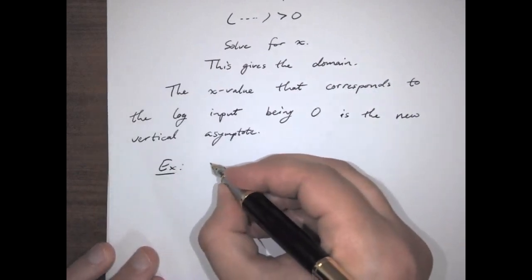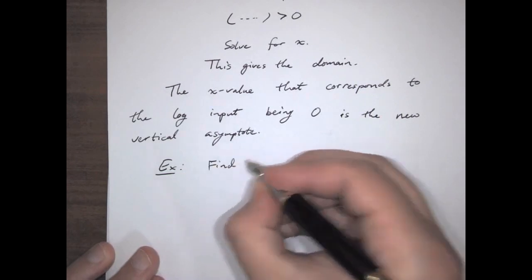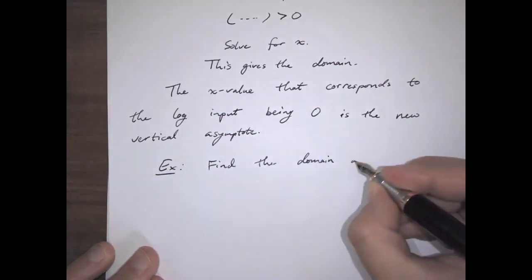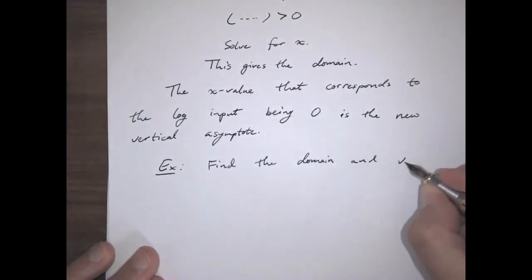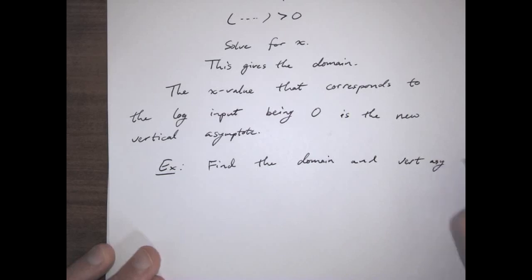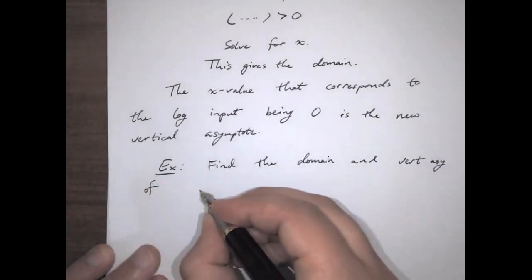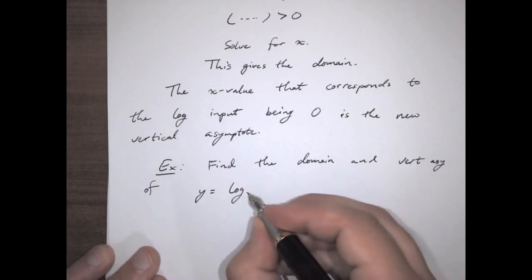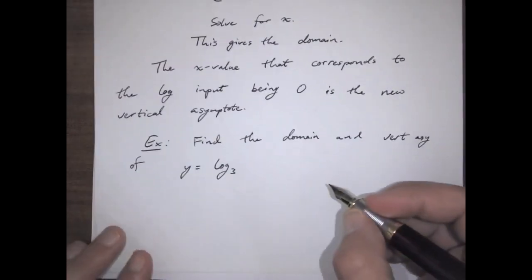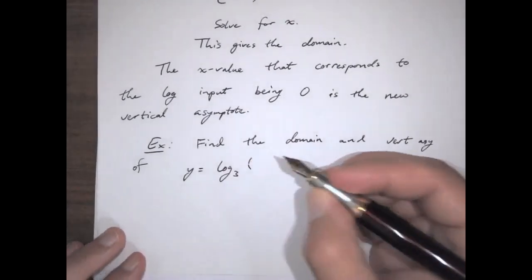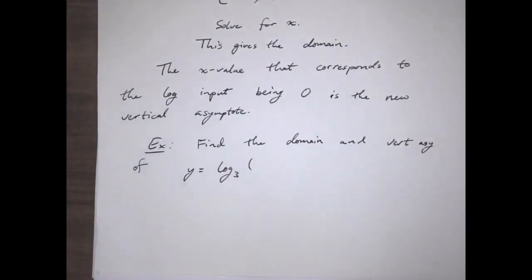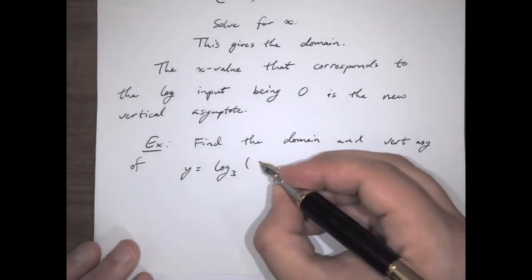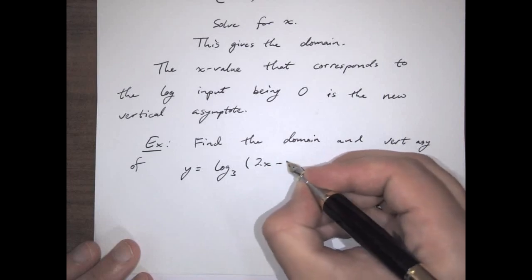Find the domain and vertical asymptote of y equals log base 3, and the base here is totally irrelevant actually to what we are going to be doing. It's all going to be the same no matter what the base of the logarithm is in this regard. And then I'll say it's 2x minus 2.